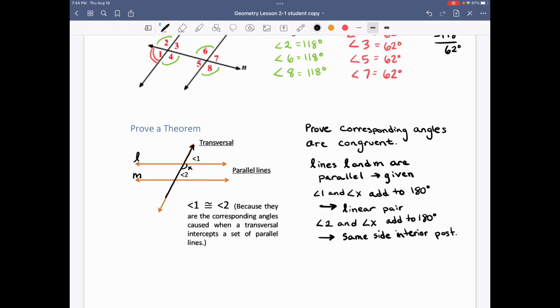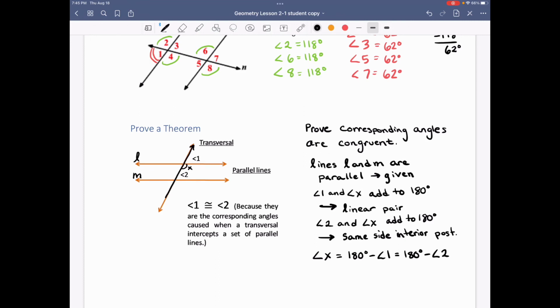We can say that angle X is equal to 180 degrees minus angle 1, but angle X is also equal to 180 degrees minus angle 2. And that's just going off of what we said previously.